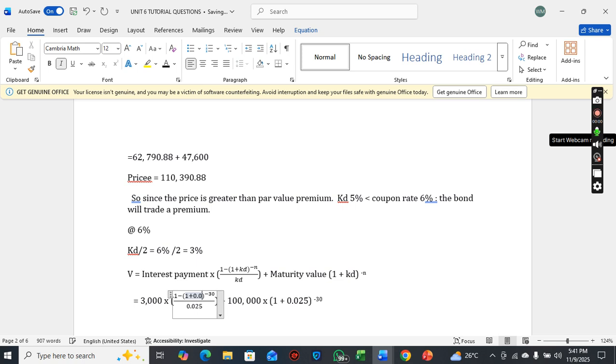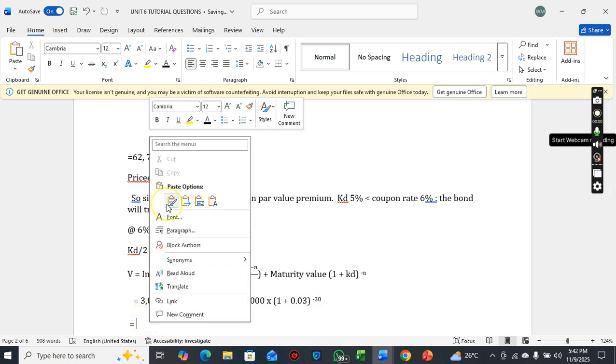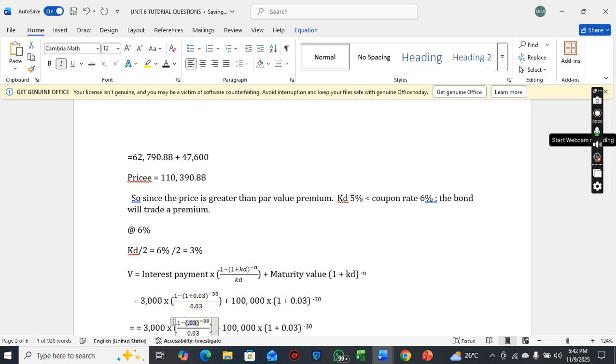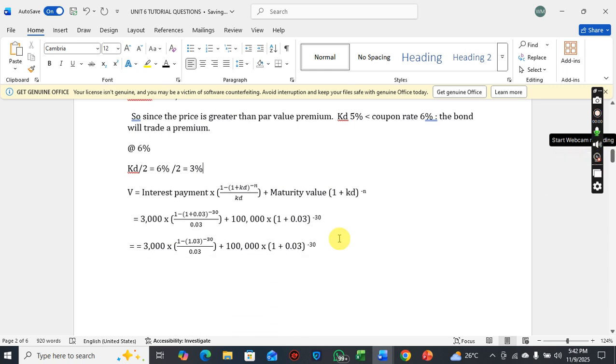So here where there's 0.025, you put 0.03, 0.03 here, 0.03. So let's tabulate and we compare answers.